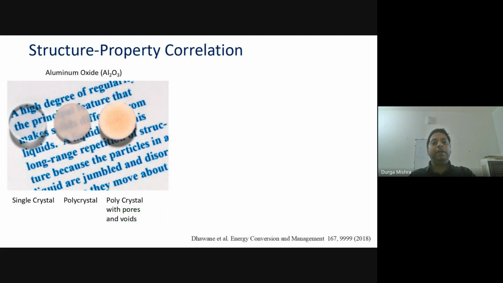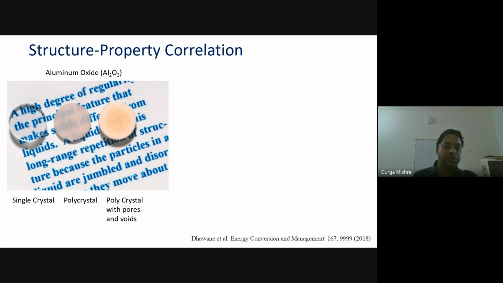Okay, so I said that the material science aspect is mainly looking at the structure and property relation. That is the correlation between a structure and the property. Here I am giving you an example of how the structure affects the property of a material.